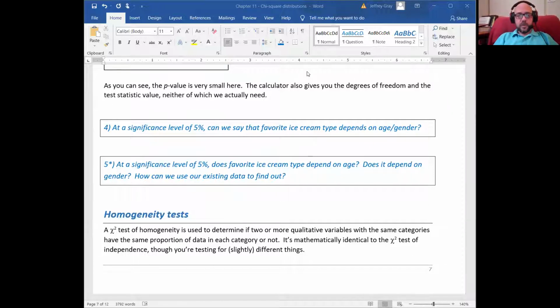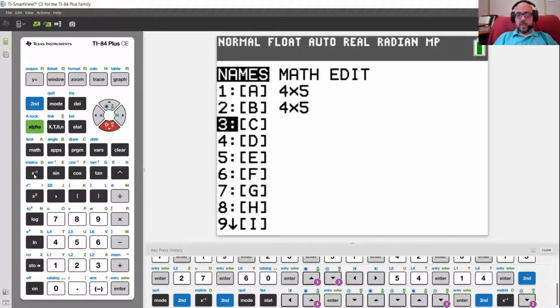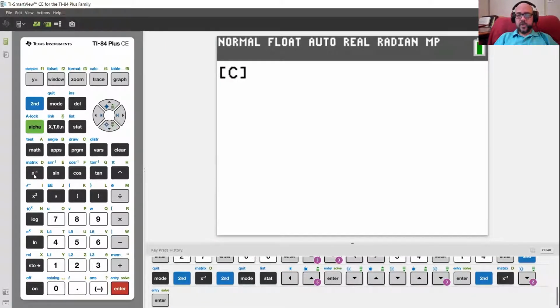Let me share up the calculator here. If I do one just for adults, I could do the following. I'm going to make a matrix. I'm going to use C and D. So matrix C is going to be just, oh, gosh darn it, I do that all the time. That's what happens when you do names, by the way, it just says use matrix C here.